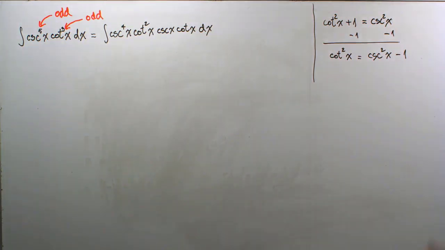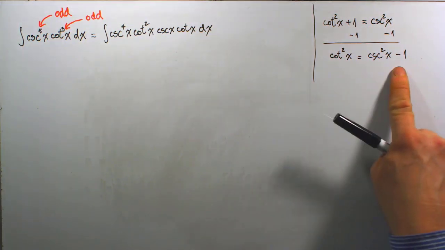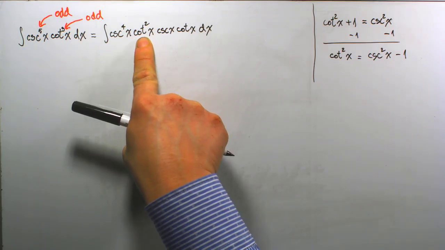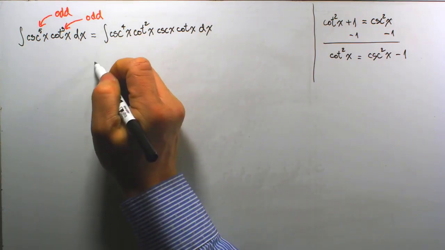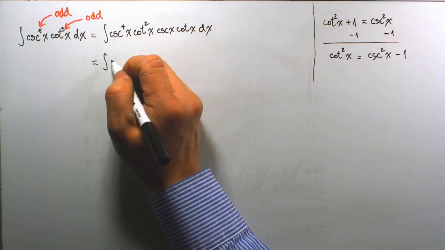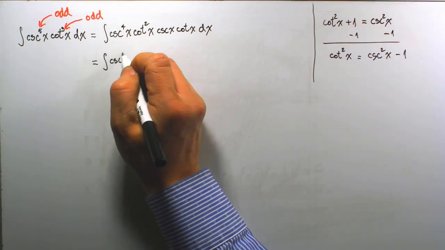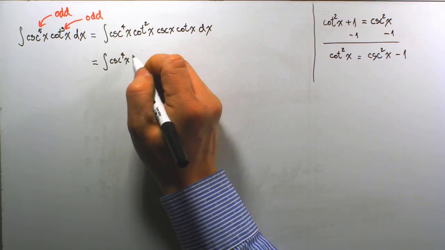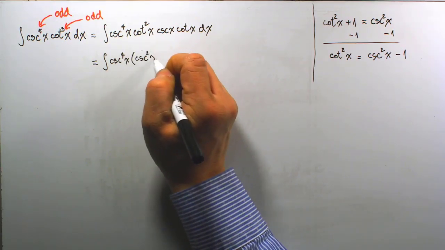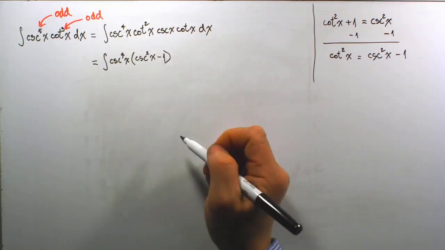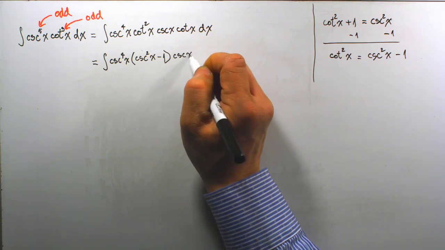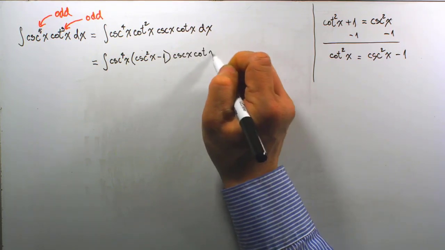I am going to substitute this expression for the cotangent squared of x standing here. In the next step, my integral becomes the integral of cosecant to the fourth of x times cosecant squared of x minus 1, and then everything else is cosecant of x times cotangent of x with a dx.